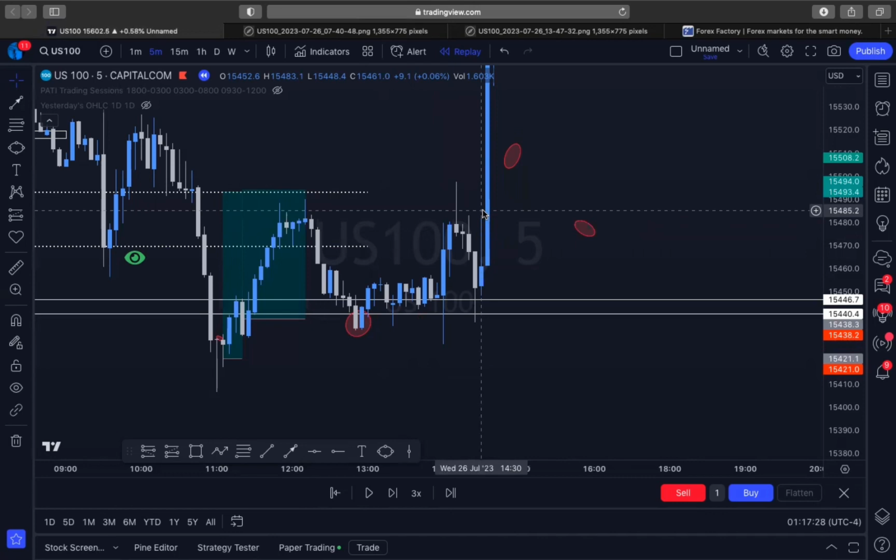And with that being said, with news drivers, sometimes they're going to target those highs, sometimes those lows. But why would you want to be in a market where you don't know exactly what's going to happen? You're lowering your probabilities of being in a profitable trade because you don't know. Nobody knows.